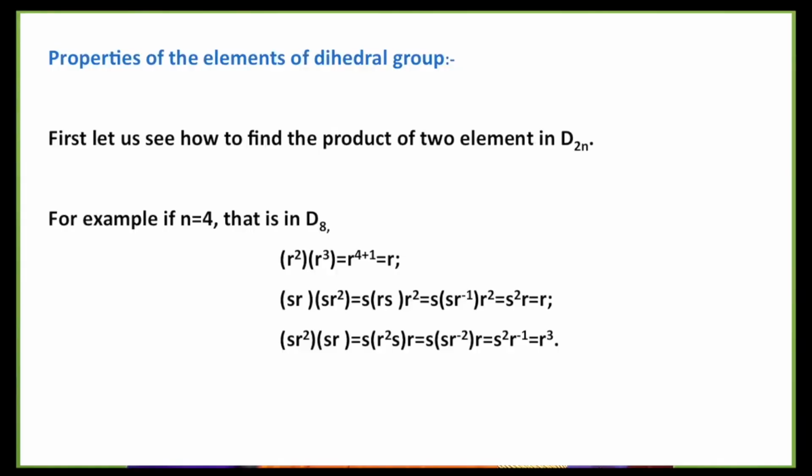For example, if n is equal to 4, that is in D_8, r square into r cube is equal to r to the power of 4 plus 1, that is equal to r. sr into sr square is equal to s into r s into r square, that is equal to s into s r to the power of minus 1 into r square, which is equal to s square r, that is equal to r. sr square into sr is equal to s into r square s into r, which is equal to s into s r to the power of minus 2 into r, which is equal to s square r inverse, that is equal to r cube.